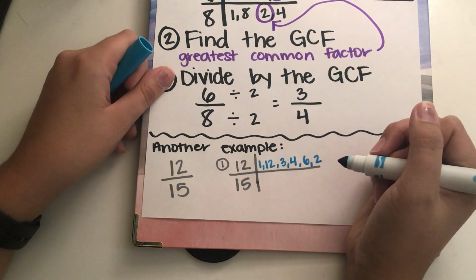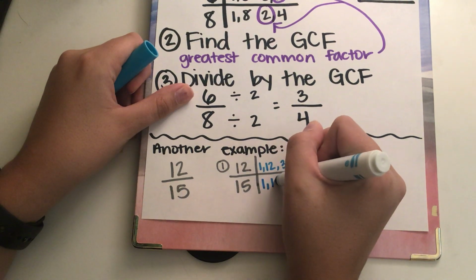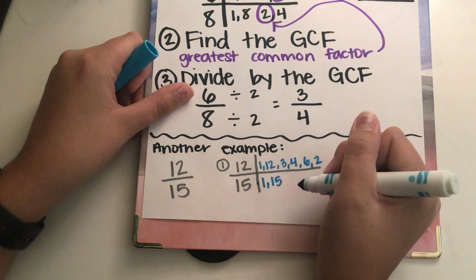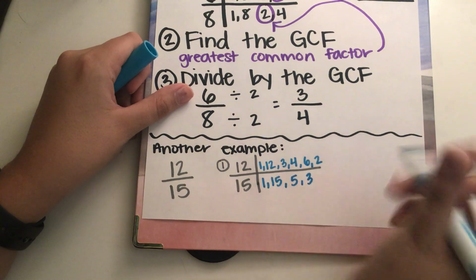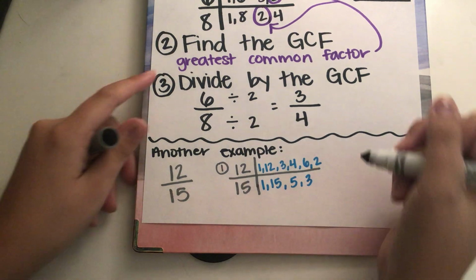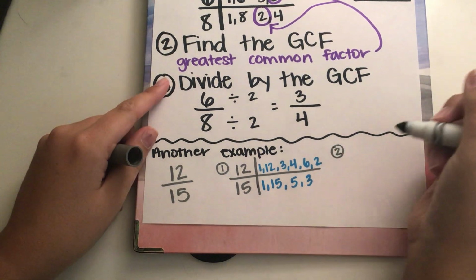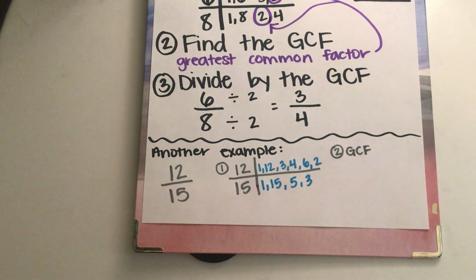So I had quite a few factors here. For 15, I know 1 times 15 equals 15. And I know that 5 times 3 equals 15. So I completed step 1. I listed all of my factors. Step 2 is to find and circle my greatest common factor.